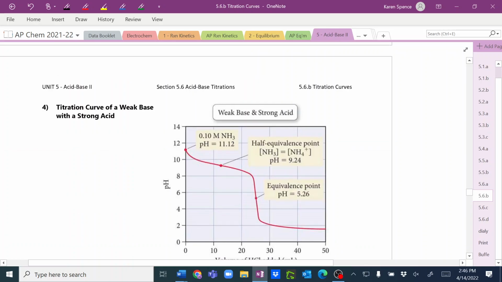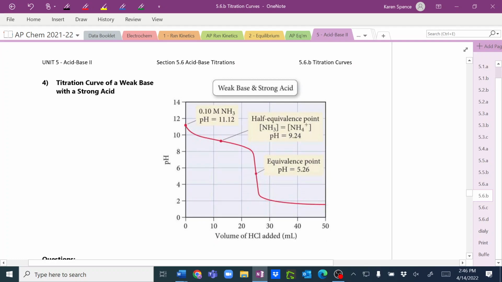Now, here we go. Here we have a weak base with a strong acid, and you'll notice it looks just like the weak acid with the strong base, except it's all upside down. So now, instead of our hill curving upward, the hill curves downward.